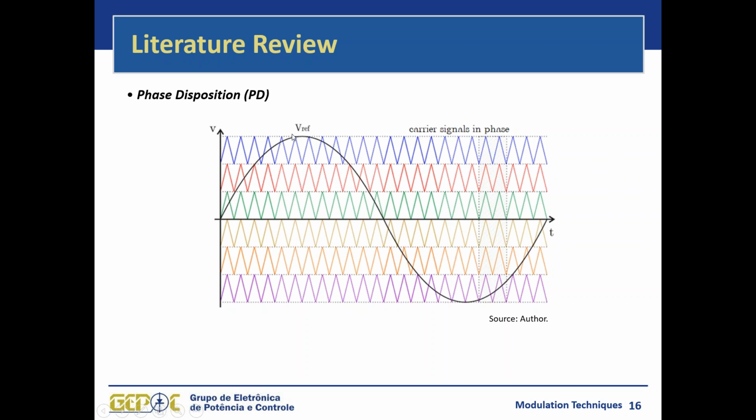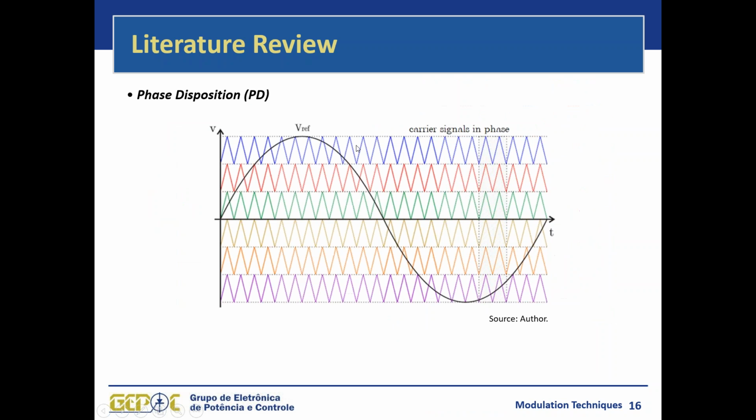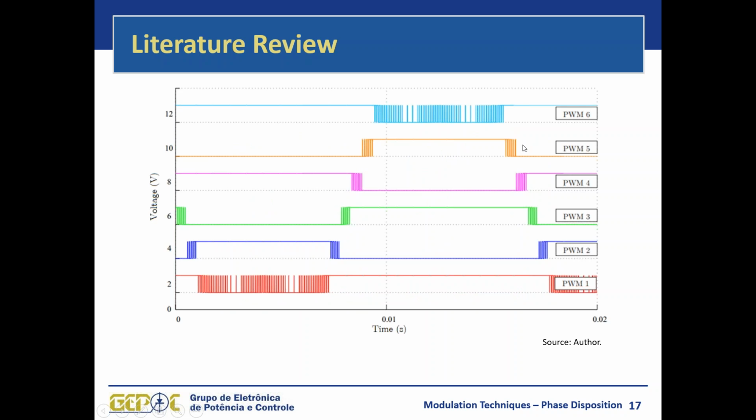So for example, when we have the modulation here in this blue carrier, the switch associated to this carrier will commutate. That's what we are seeing here on the top of this slide. When the modulation signal passes through the red carrier, then the other switch will take over the PWM, and so on and so forth.